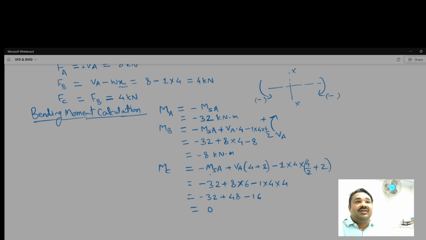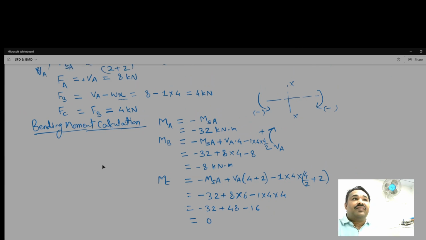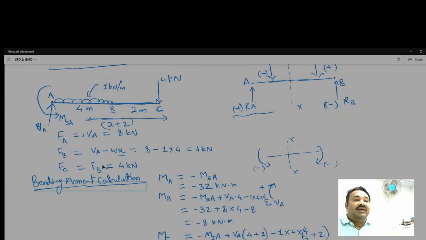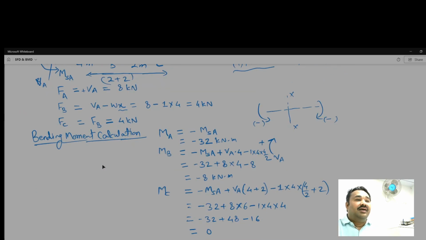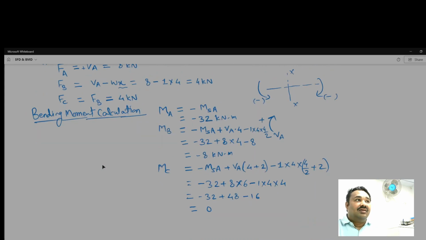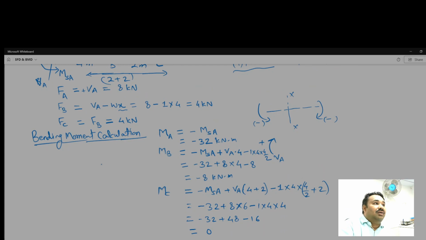So what about the shear force diagram? Based on the calculation, let us draw the SFD just below the load diagram.